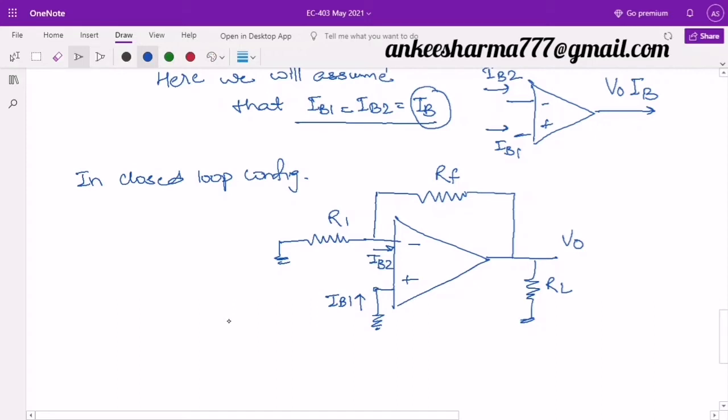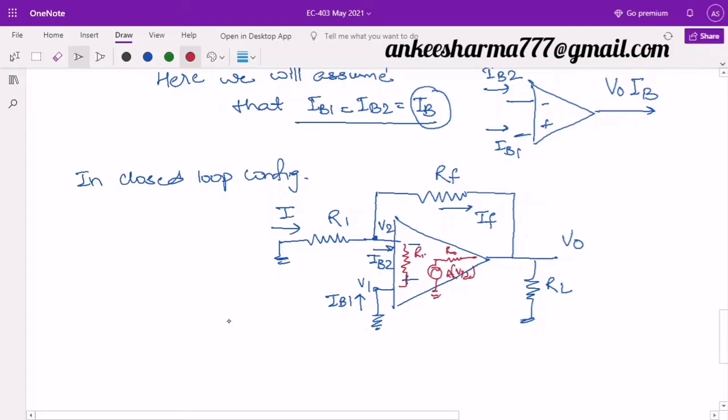The voltage over here is V1, this voltage was V2 as per earlier notations, and let us assume this current to be I and this current to be IF. I'm not drawing the internal circuitry; if I had to draw it, it would have RI, here RO, with some voltage source like this.